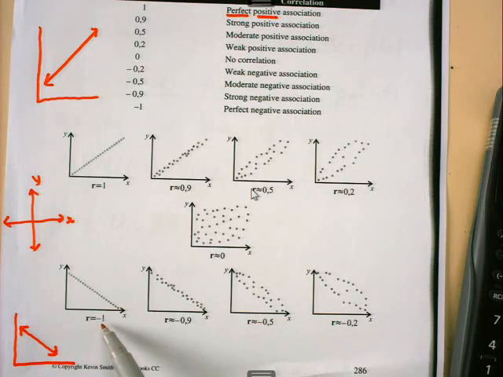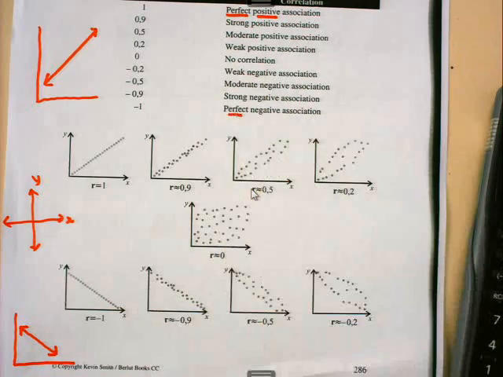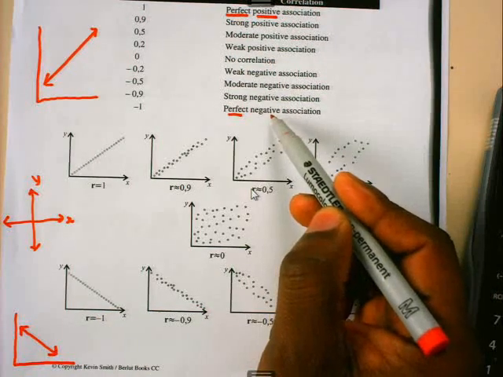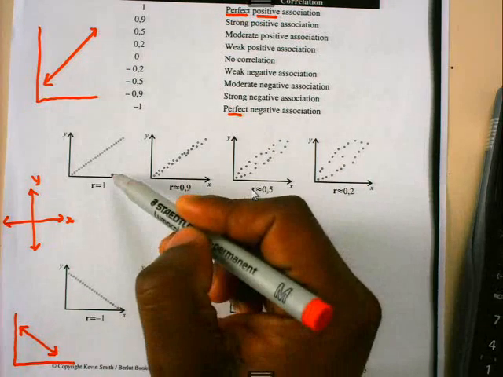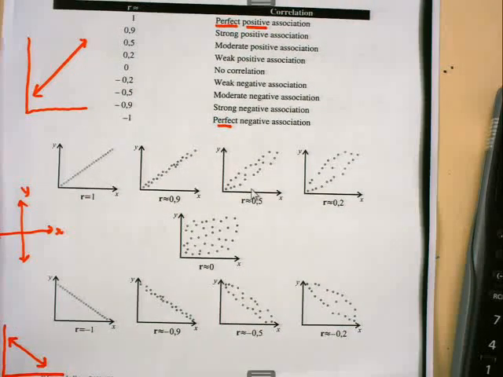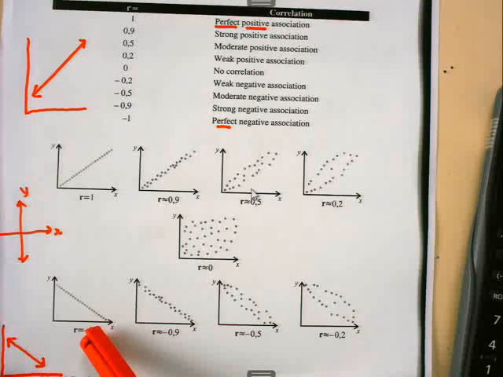Now, if R is negative 1, can you see in this case now? It's again very perfect. Do you see perfect again coming out? But how is this perfect? Perfect negative association. Perfect negative and perfect positive association. That's how you explain your R, if R is equal to 1 and if R is equal to negative 1.